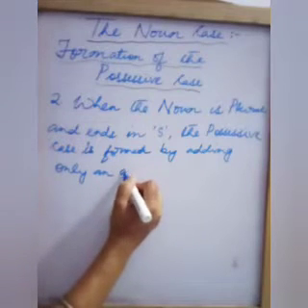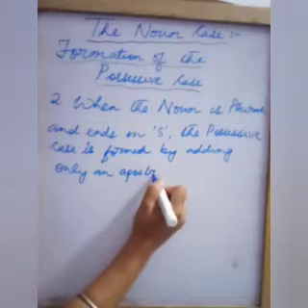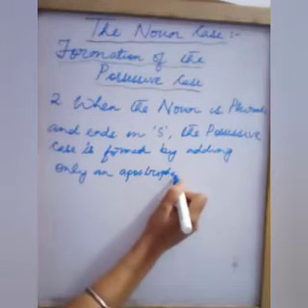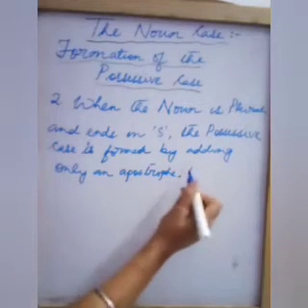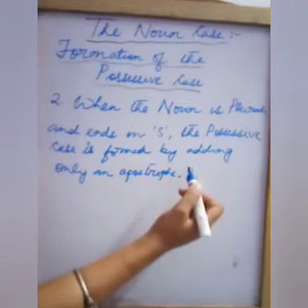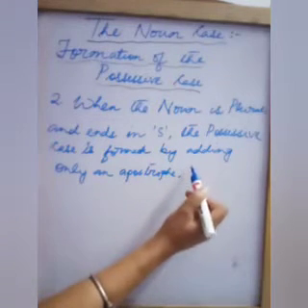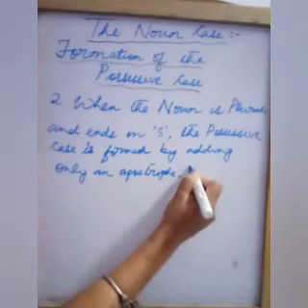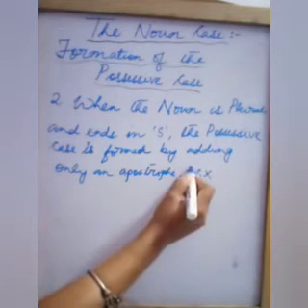We will not add the s here. Only this sign after the s, because here the noun is plural and it ends with an s. So after this apostrophe sign, we will not add an s. We will just keep it like that.